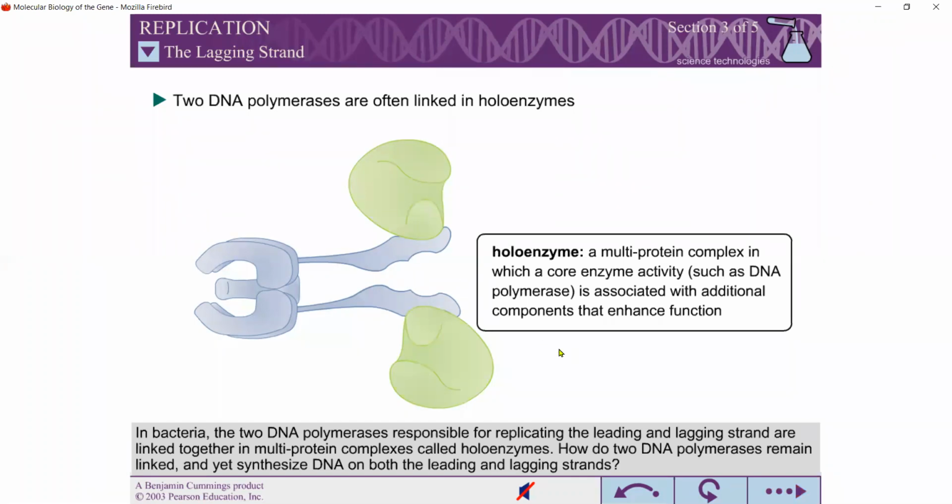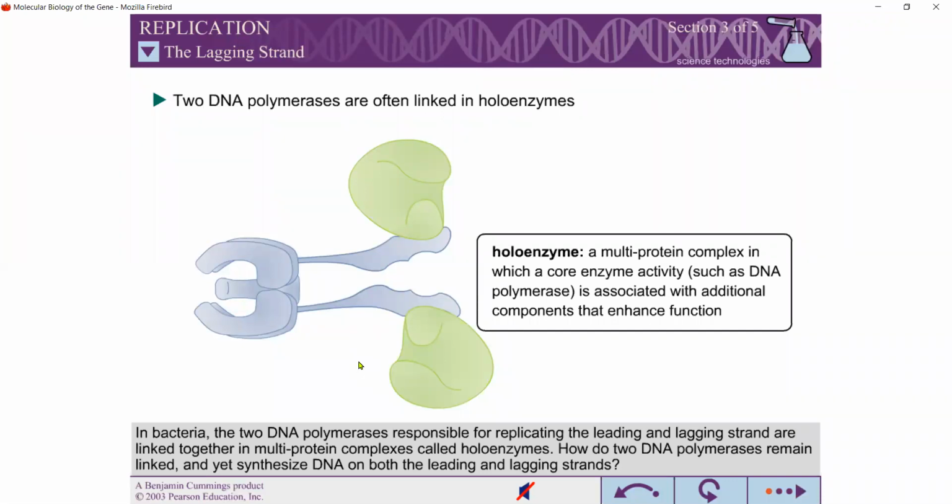Last day, I told you the structure of this complex. We have the tau protein, the delta prime, the gamma loader, and the core polymerases, alpha, epsilon, theta. The total structure is held together via the gamma loader complex to form the holoenzyme.